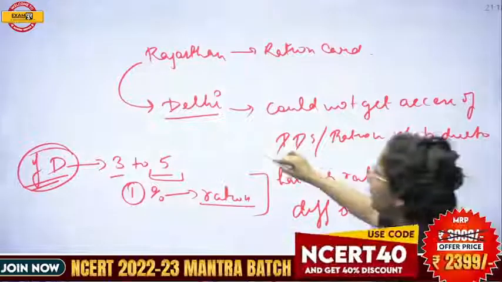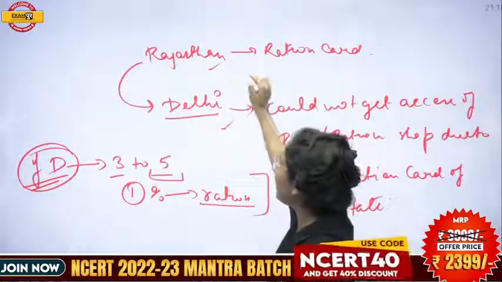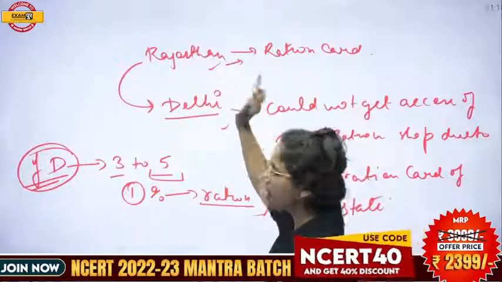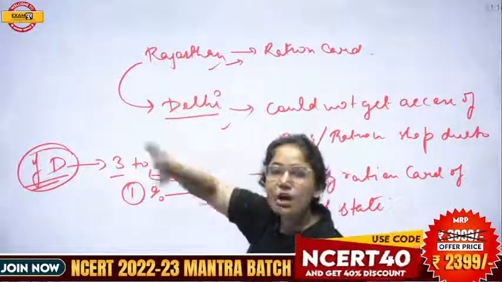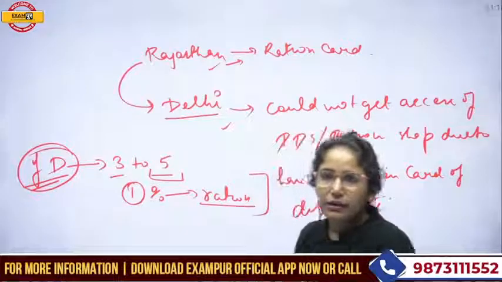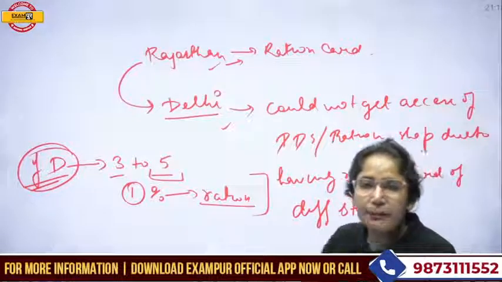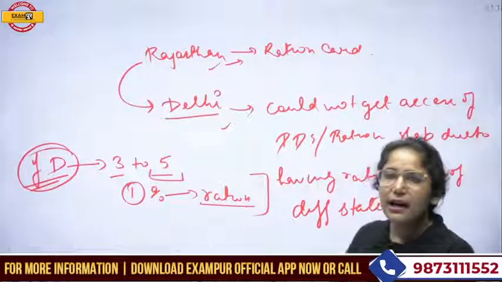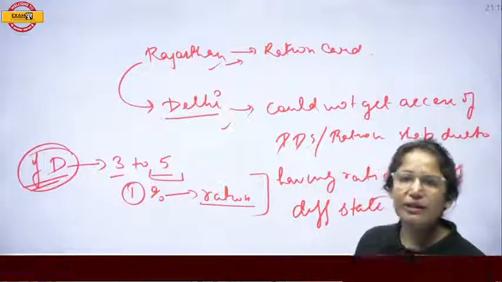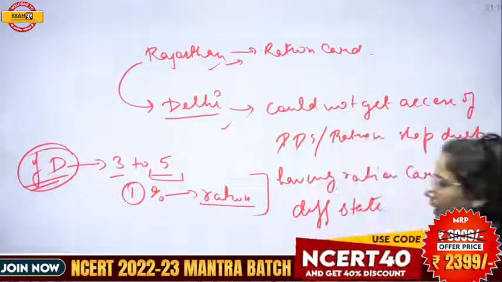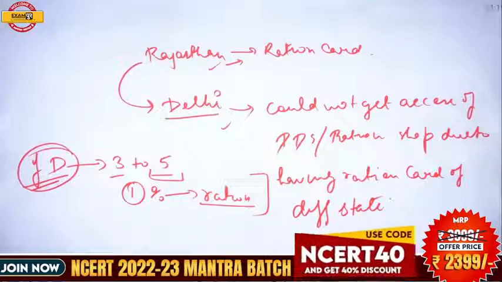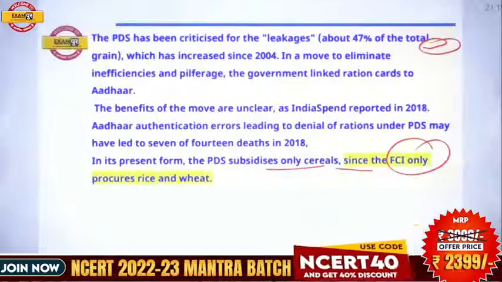If I am living in Delhi and migrated from Rajasthan, and I have a ration card of Rajasthan, then I would not be able to access food grain in Delhi. To eliminate such disturbances, our government has launched One Nation, One Ration Card, so that such problems do not come in the way of accessing food grain.